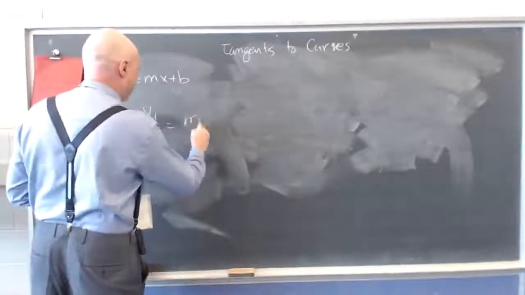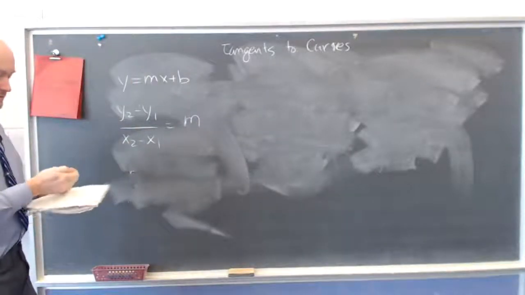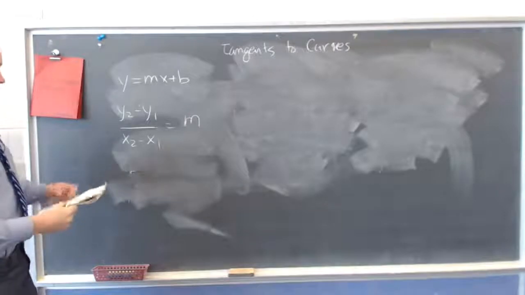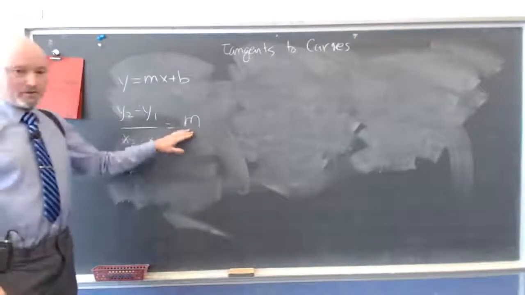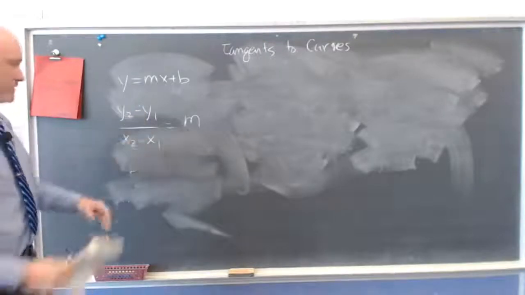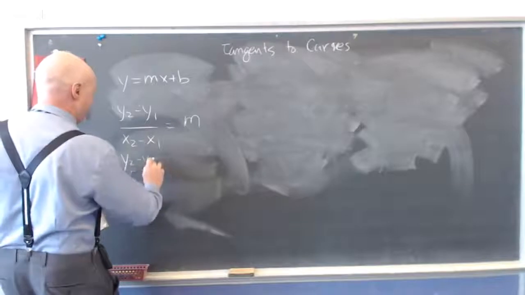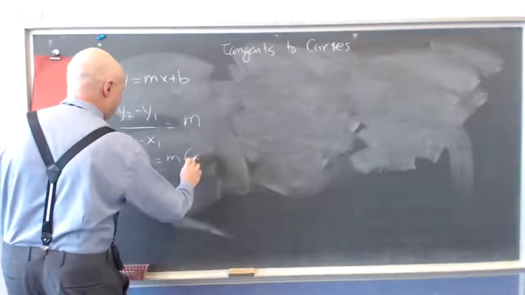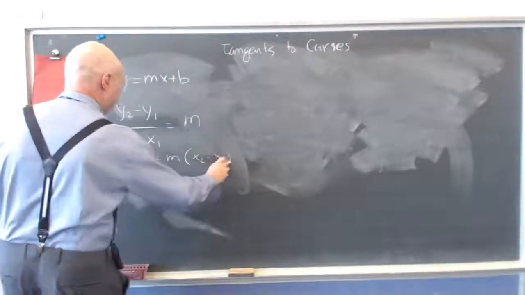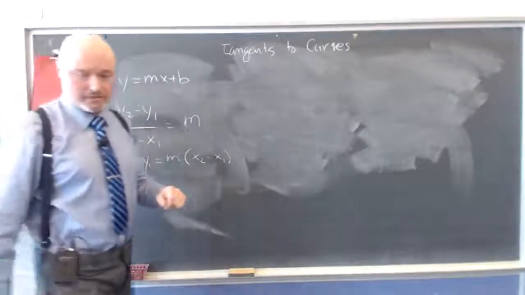Really, you're calculating delta y over delta x and equating it with m. You usually have numbers for delta y and delta x. You just rearrange this: y2 minus y1 equals m times x2 minus x1. And this simplifies into y equals mx plus b.